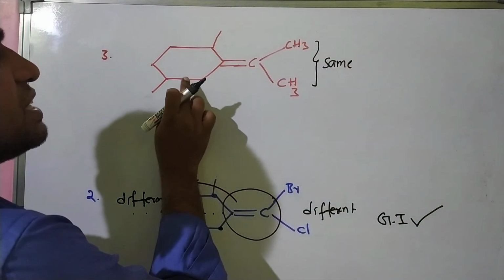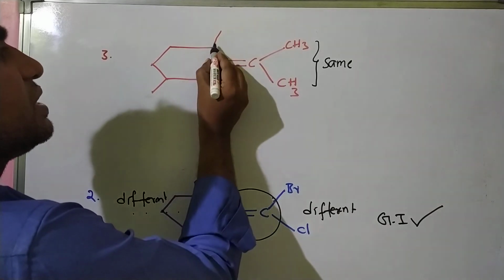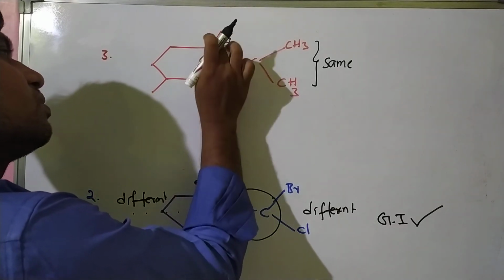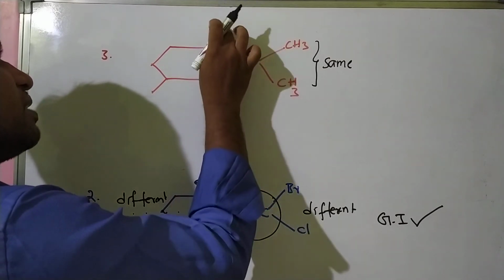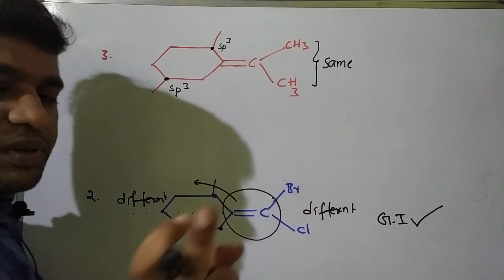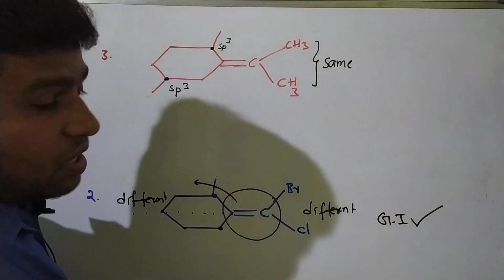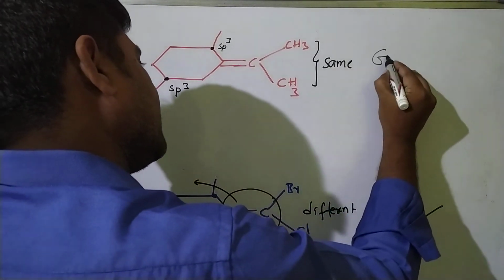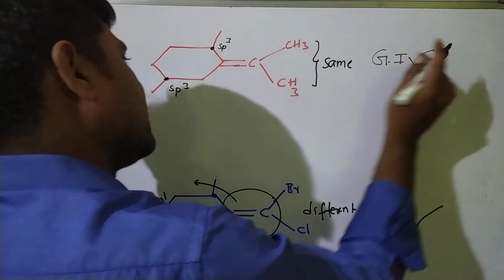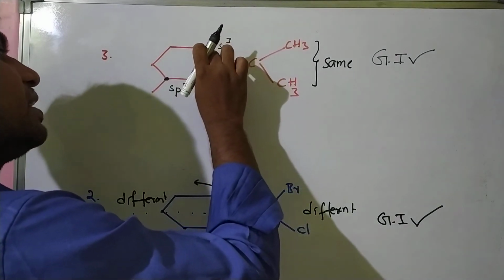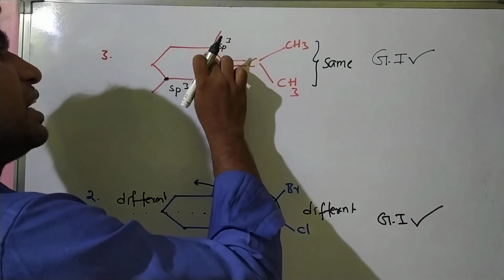Now we will consider this one. Now this is the sp3 carbon. It contains a methyl group. This is again an sp3 carbon. So according to our argument of geometrical isomerism in cycloalkanes, it will give geometrical isomerism because two different sp3 carbons bear different substituents.